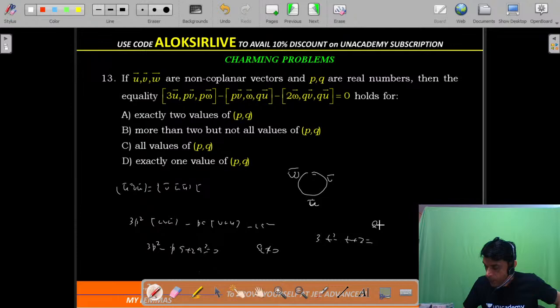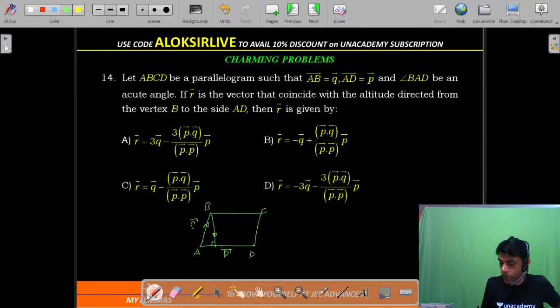Right? So AB is given to be Q, and AD is given to be P. You want this one.